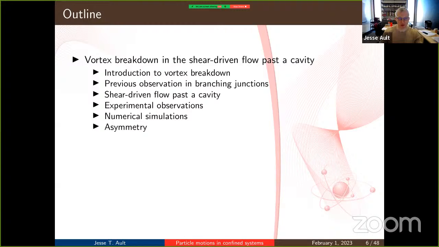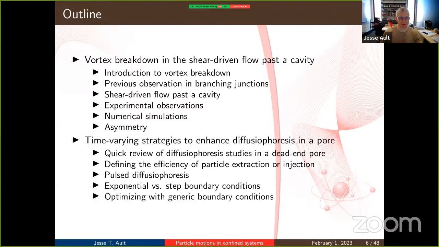Specifically, we'll talk about the shear-driven flow past the cavity, which is a very popular problem in 2D literature and research, and it has surprising 3D effects when you consider finally the wall effects in a 3D system. We'll talk about experimental observations, numerical simulations, and then some interesting consequences of asymmetry that we've observed, which tell us a little bit about the sensitivity of the flow to geometrical imperfections, let's say, in the experiments.